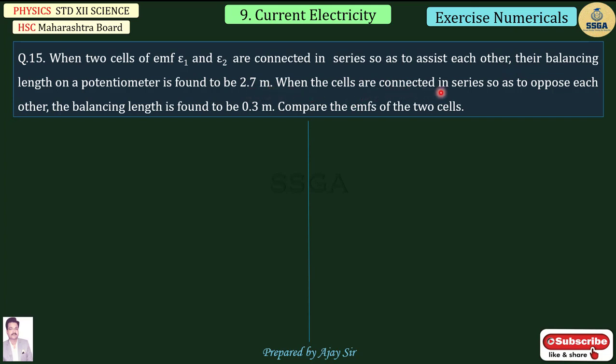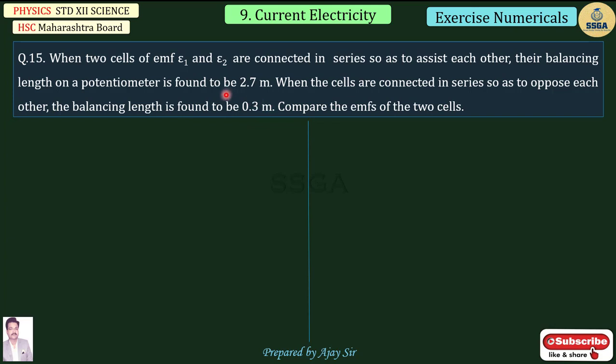And when cells are connected in series so as to oppose each other, means the negative terminals of the two batteries are connected, then they oppose each other, and in that case the balancing length is 0.3 meter.